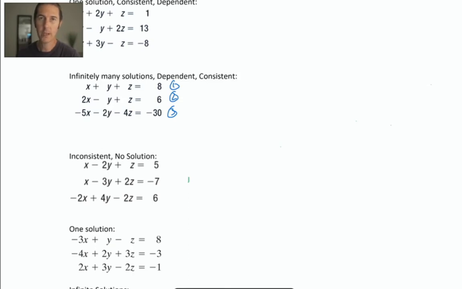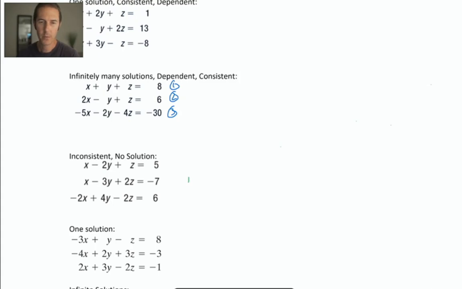So that was an indicator to us that we had infinitely many solutions. In that case, it meant that the 2 equations were the same. In this case, we're going to run into a similar scenario. And what that means is that we're going to need to describe that sort of line in 3-dimensional space.